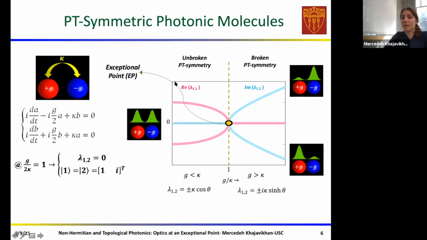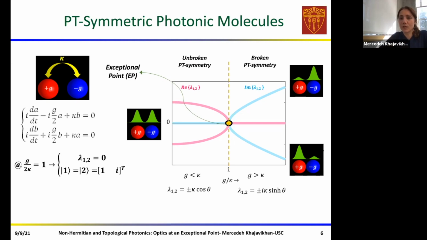Now, in the PT unbroken phase, where G over 2 kappa, or kappa, it doesn't matter, it depends on how you define this, becomes less than 1, you can see that the eigenvalues are splitting in the real part. And this is what most of you are familiar with.